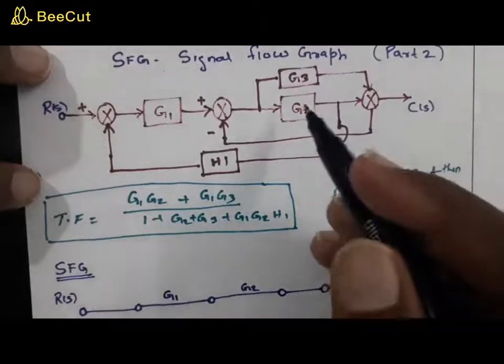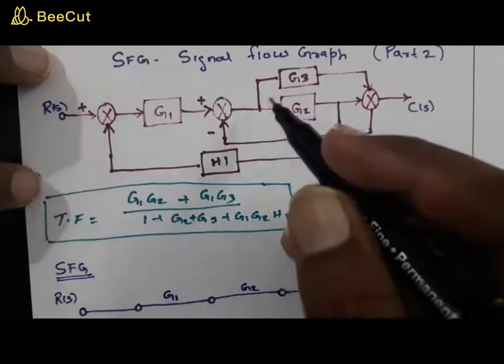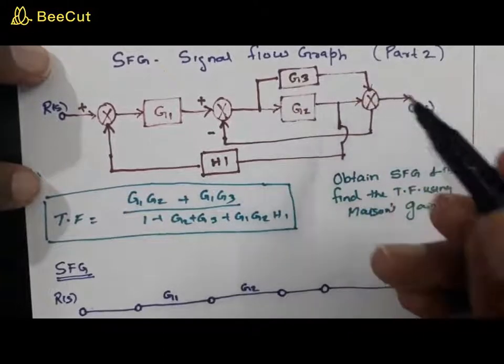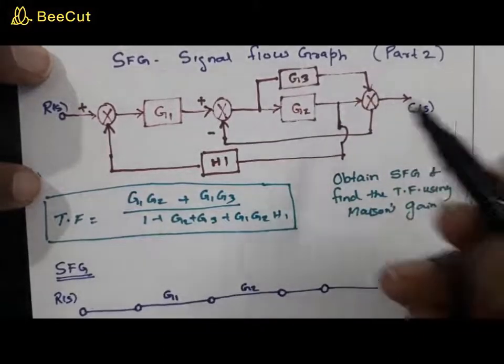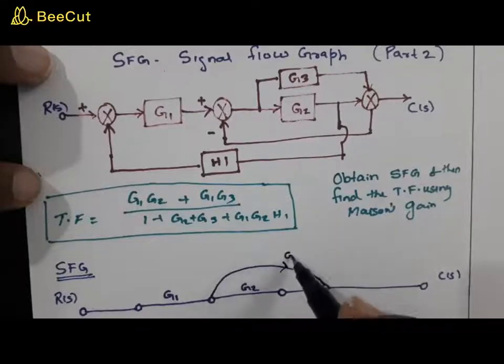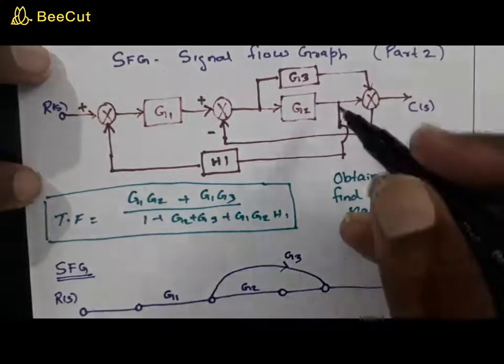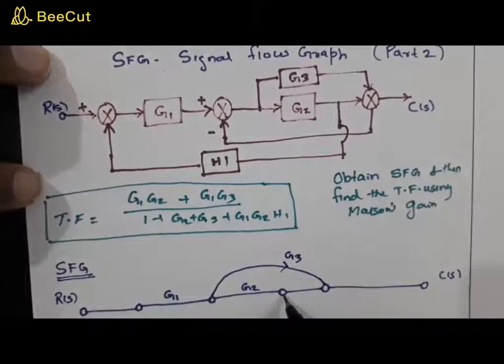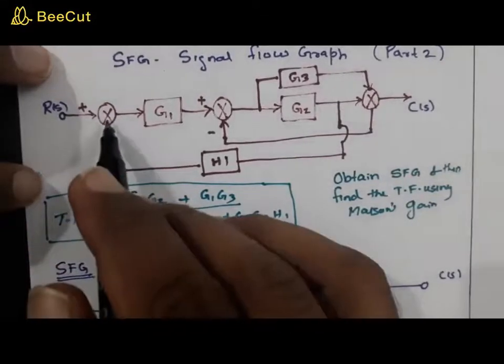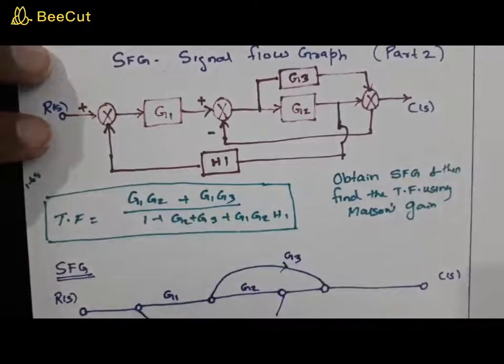From before G2, you have one more path, G3, that terminates at this node. So it starts before G2 and terminates at this node. From G2 you have one more path going to the summer, which is represented by this node.